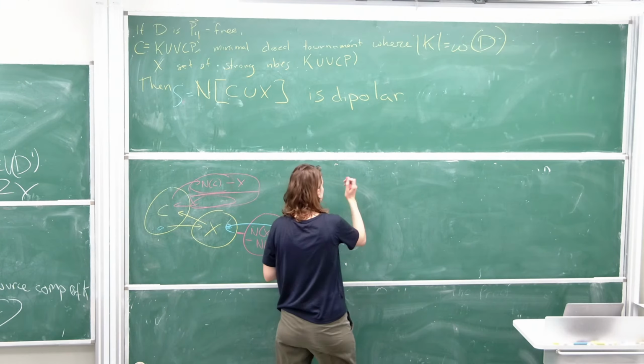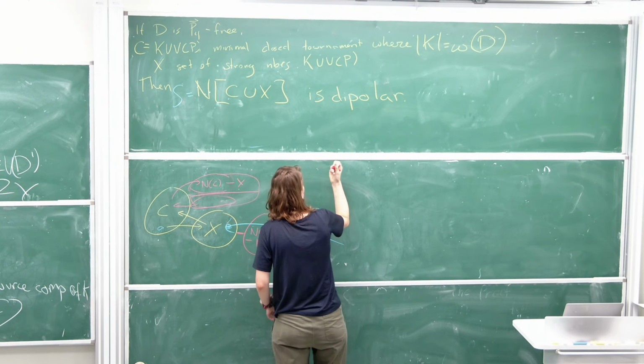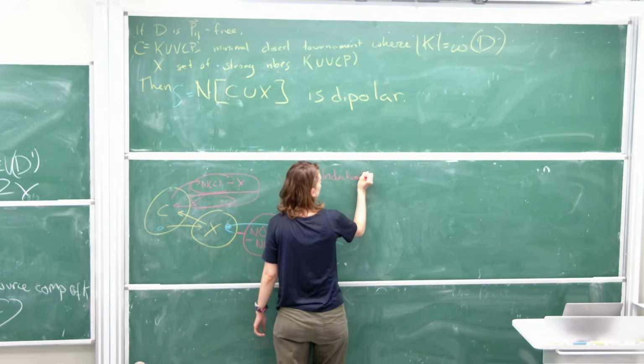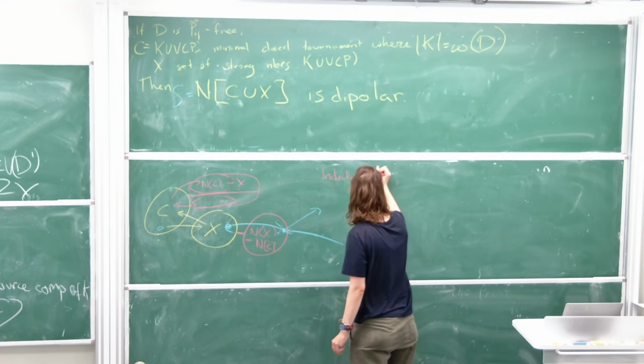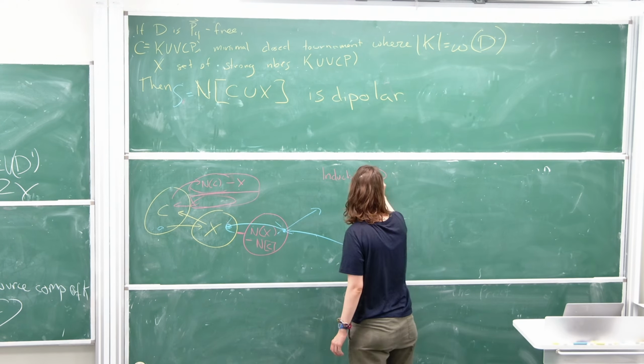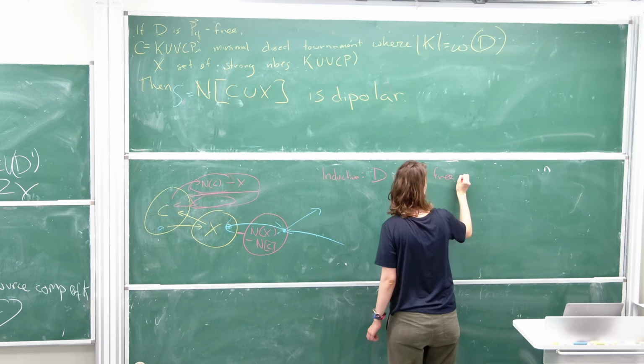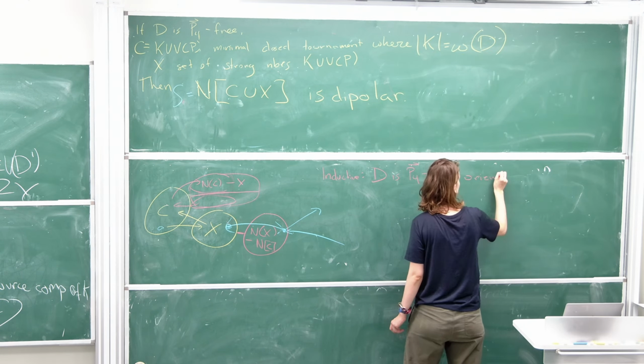And then the second thing is, for the inductive hypothesis, let me say D is P4 free oriented.